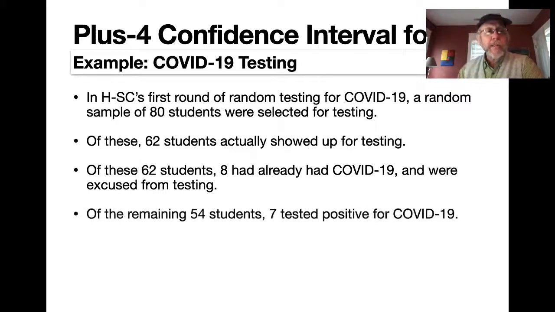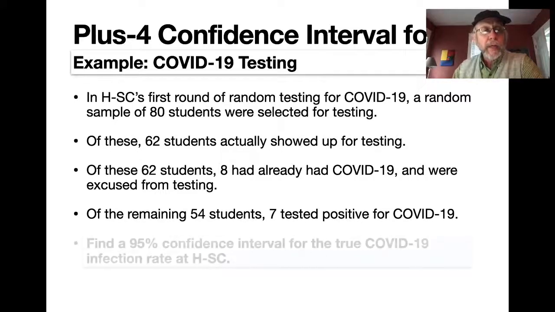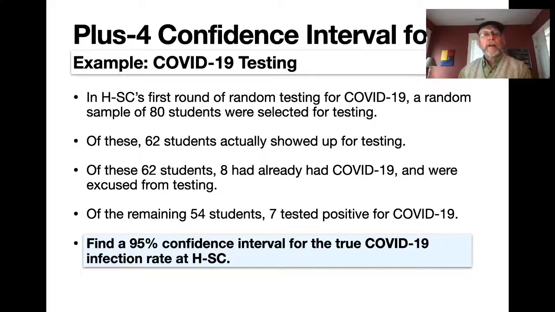So the upshot is that of the remaining 54 students who were tested, actually, 7 tested positive for COVID-19. So what we want to do is use this data to find a 95% confidence interval for the true COVID-19 infection rate at HSC at the time that the random testing was done.